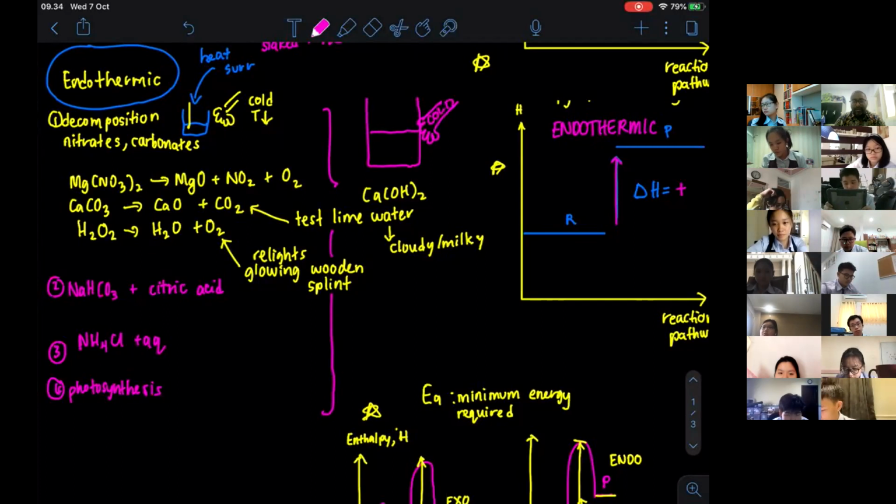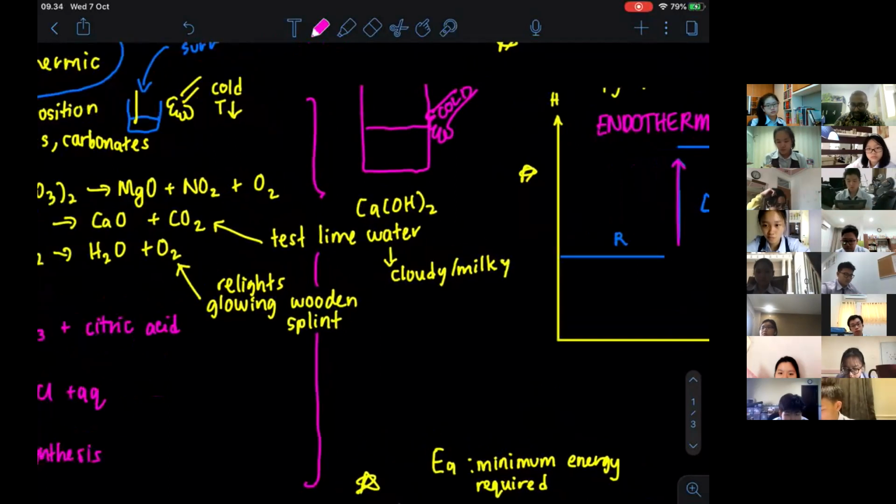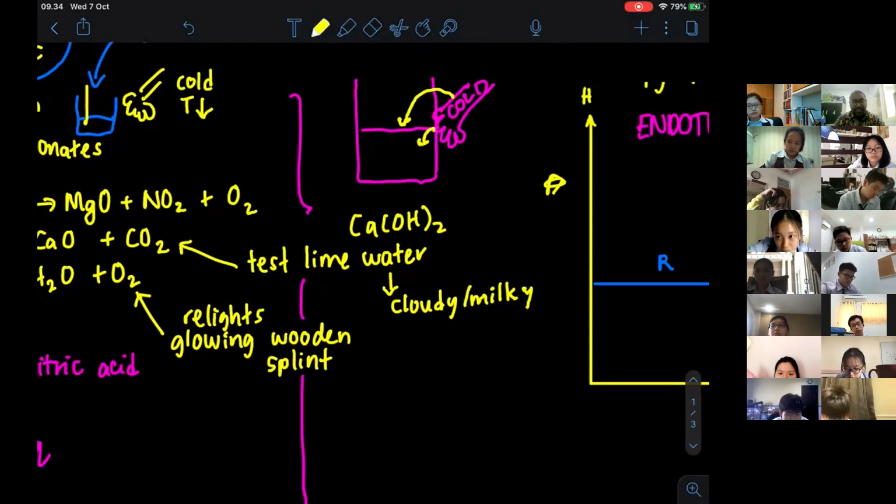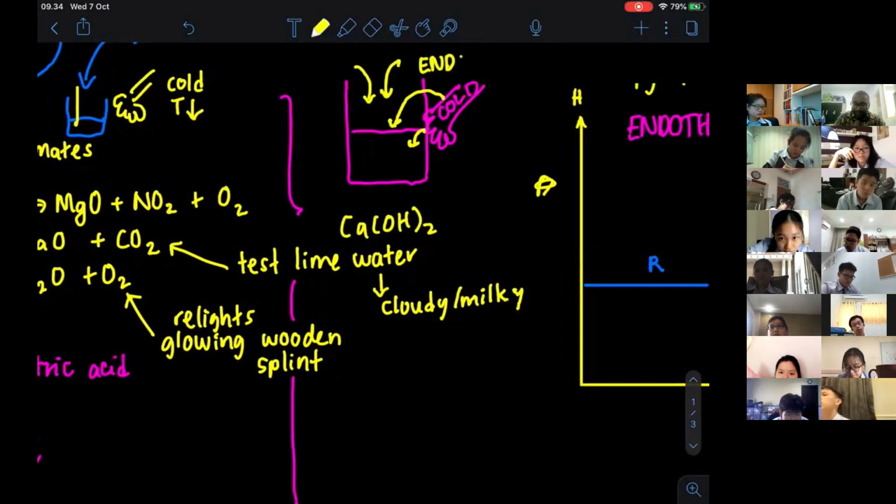Why do you feel cold? Because the heat energy from your body is taken into the solution. So your body is the surrounding. They will absorb the energy. So this is an endothermic reaction.